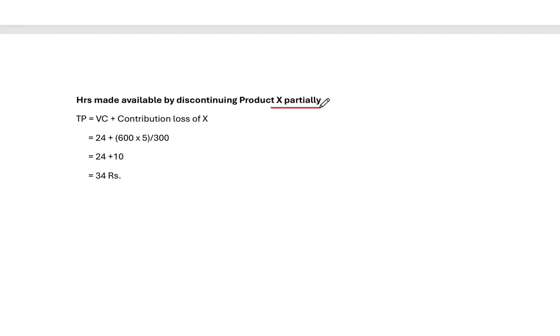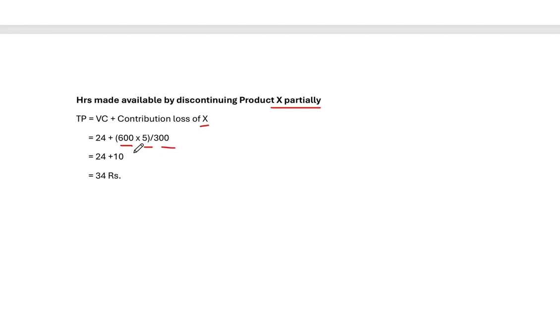In this case transfer price will be variable cost plus contribution loss of product X. In this case we only took the 600 hours as the remaining requirement. So 600 into 5 per hour divided by 300 units.